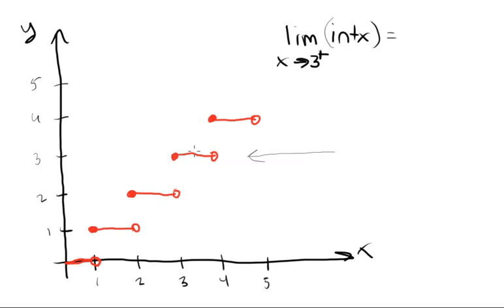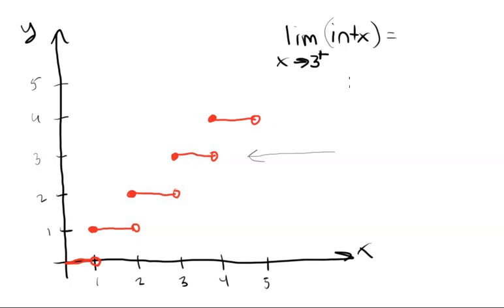Because we're only focusing on the values that are extremely close to 3, but greater than 3, like 3.00000000001. The ones that are really close to but greater than 3.